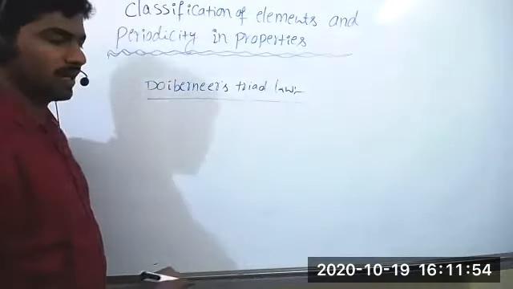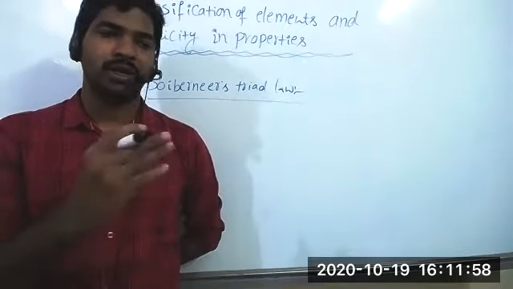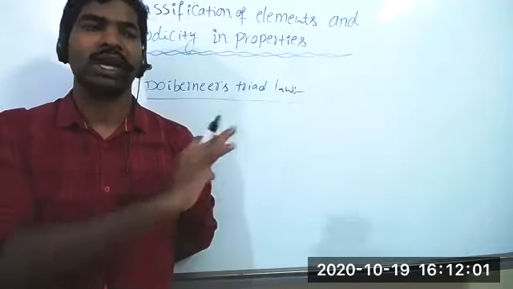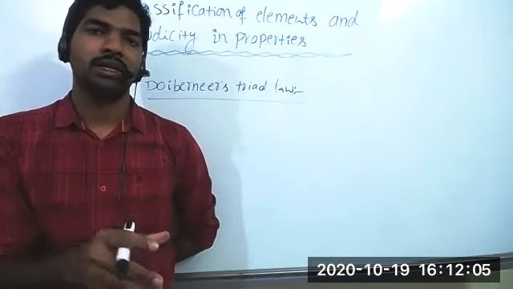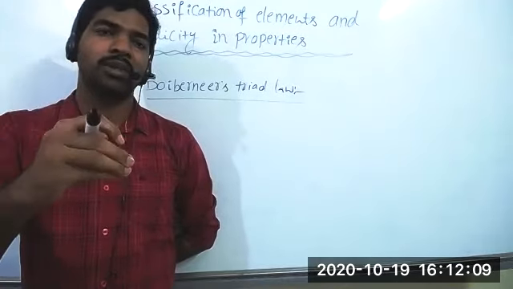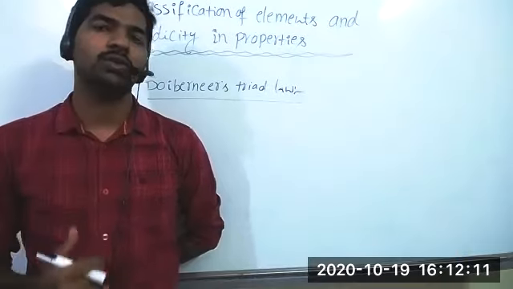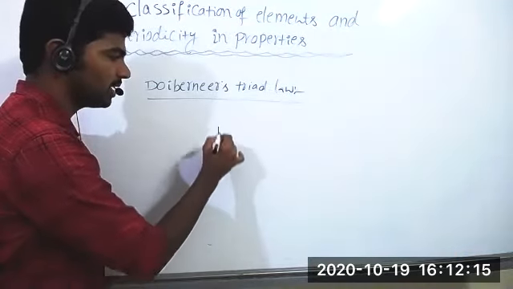The scientist's name is Dobereiner. He arranged the known elements in increasing order of their atomic mass in a periodic table. In his periodic table, the middle element has an atomic mass that is the mean of the remaining two elements. So in each group, there are three elements.